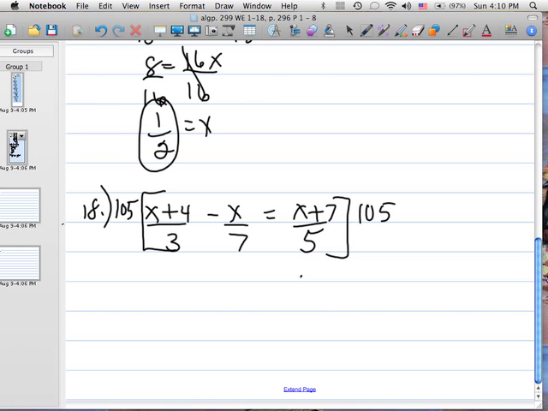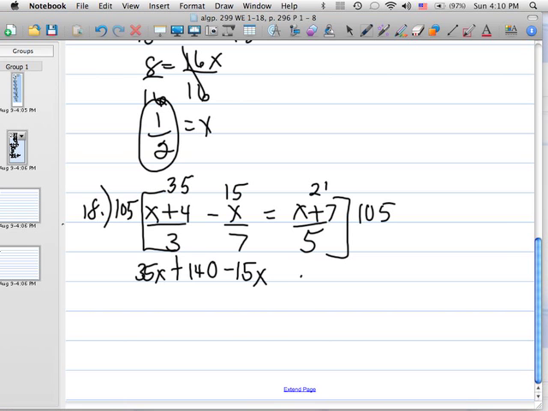So 3 goes into 105 35 times. 35 times x is 35x. 4 times 35 is 140. 7 goes into 105 15 times, so that'd be negative 15x. And 5 goes into 105 21. So 21 times x is 21x, and 7 times 21 is 147.